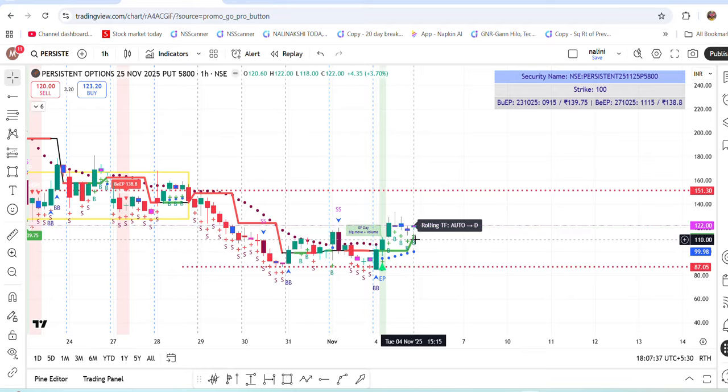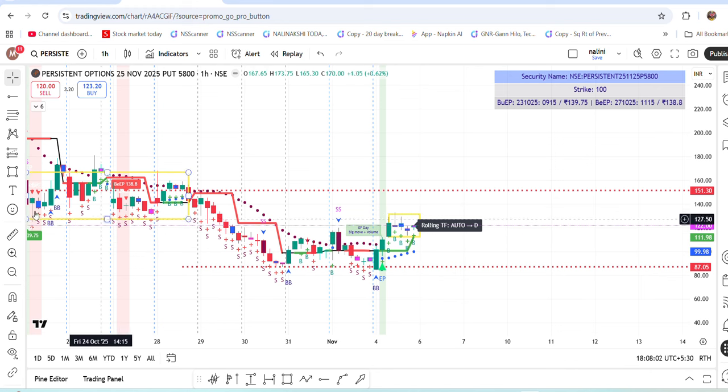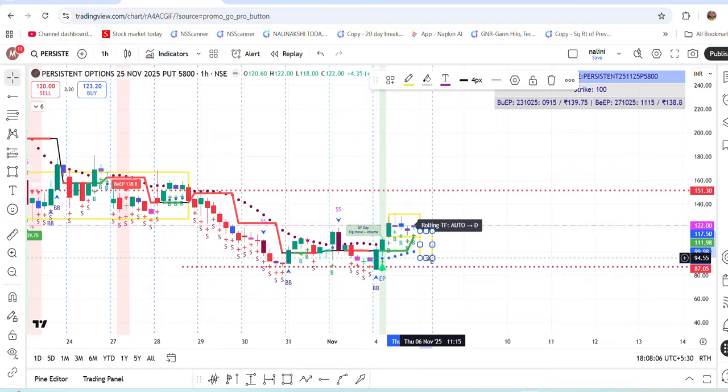And at the last, while closing, this is the first hour, 9:15 to 10:15, and the last third hour, 11:15, the market has gone sideways. Compression has taken place. Probably what they can do is a bearish expansion like this.